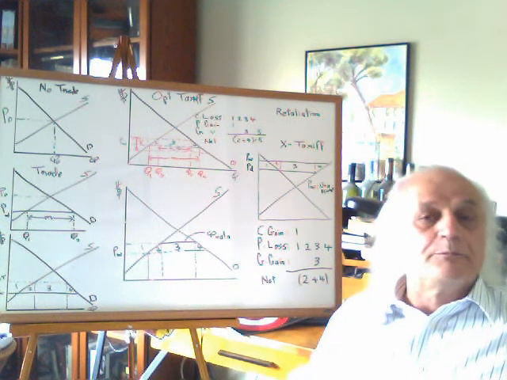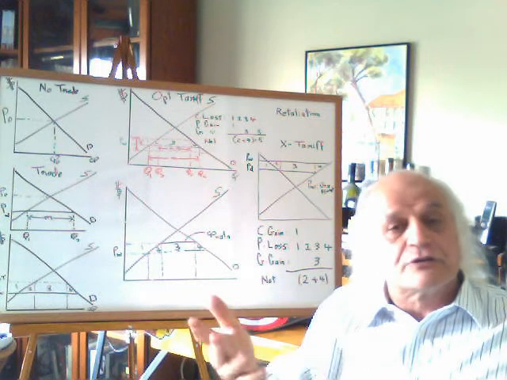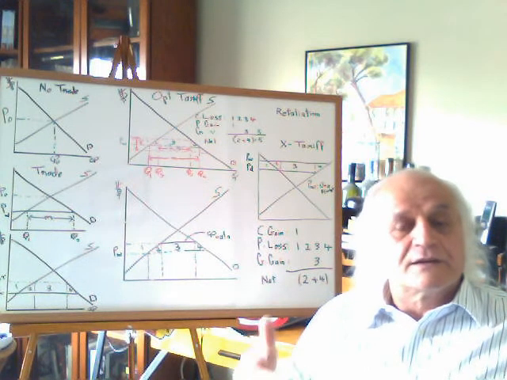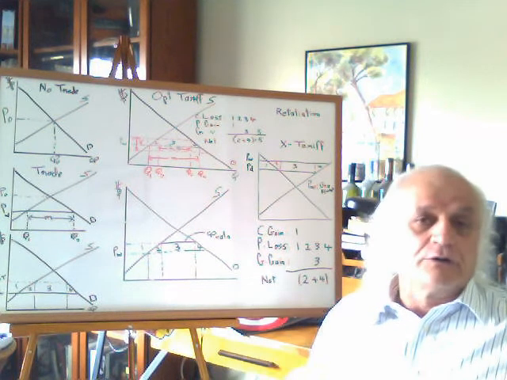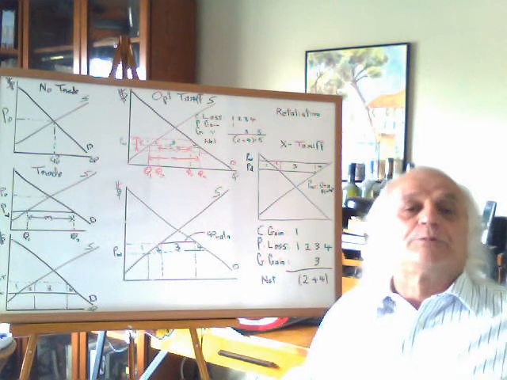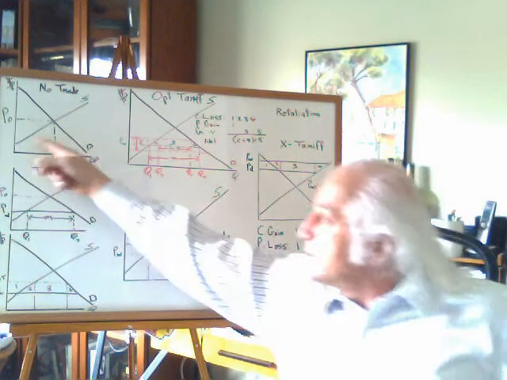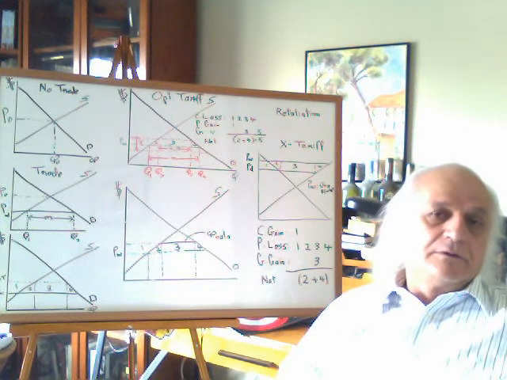The unit that they would have been willing to supply at 6, they're charging 10 for, so they're making a surplus of 4. The second unit will be a surplus of 3, the third unit a surplus of 2, and so on. So the total producer surplus is the area above the supply curve but below the price level.